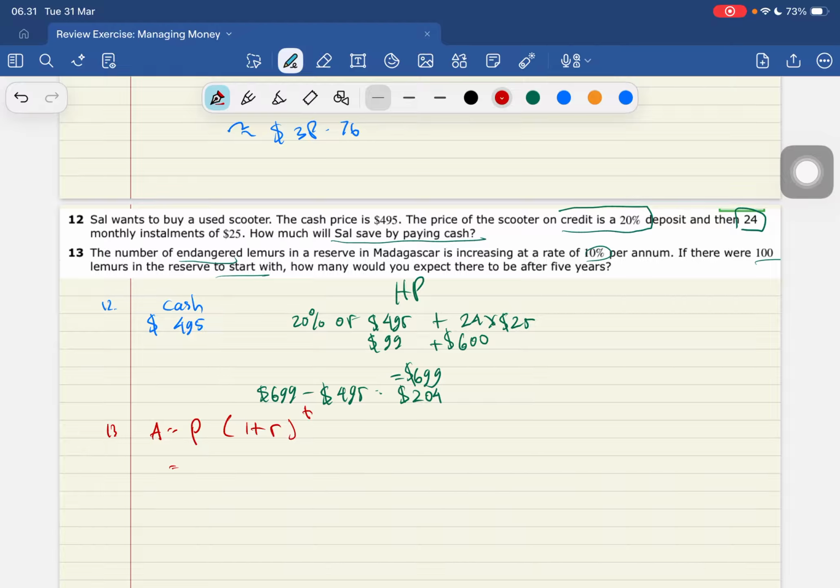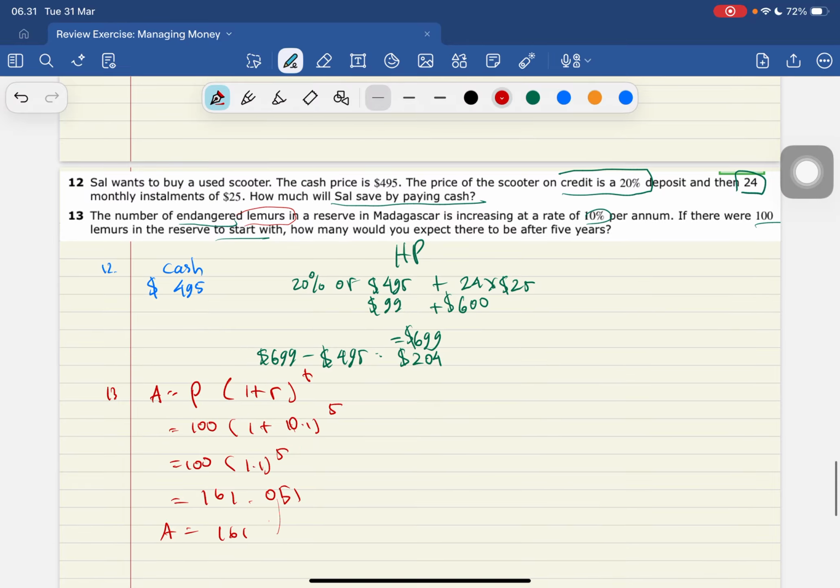So P is 100, 1 plus the rate of 10%, so 0.1, T is 5. So 100 times 1.1 to the power of 5. We get 161.051. As this is a number of lemurs, we can round it. So the total population is going to be 161 lemurs.